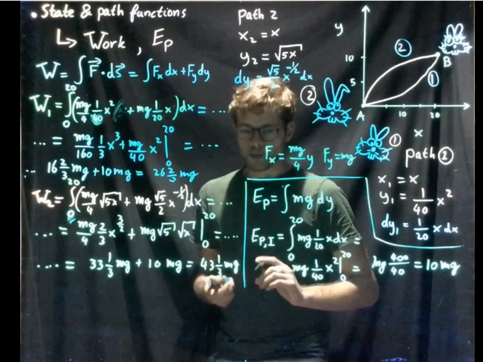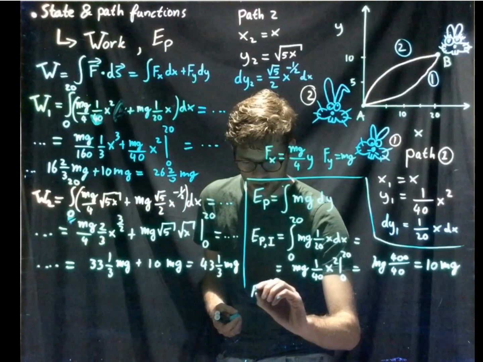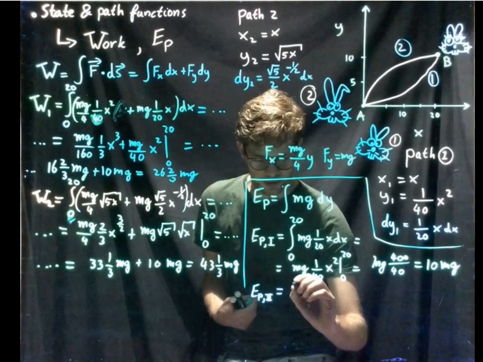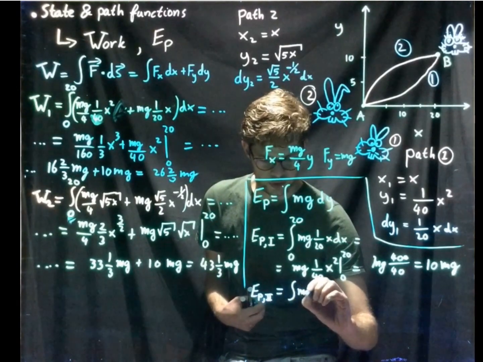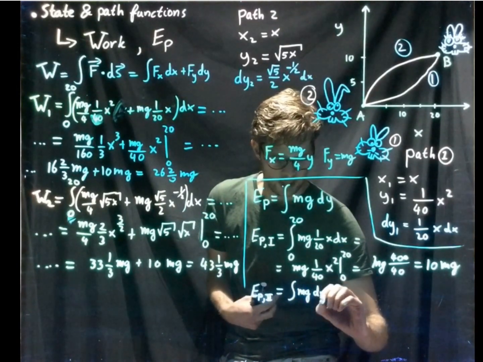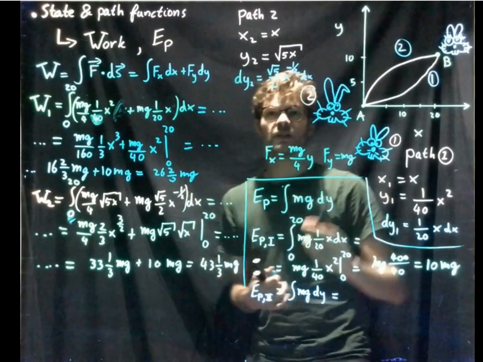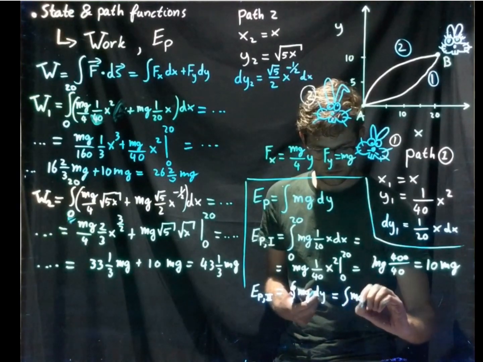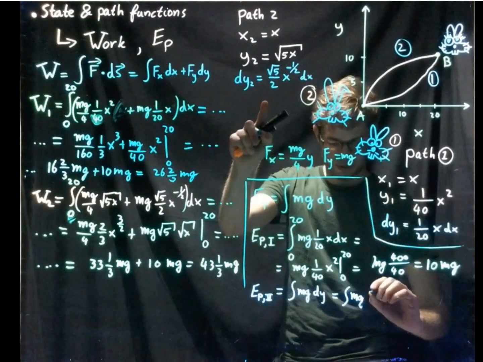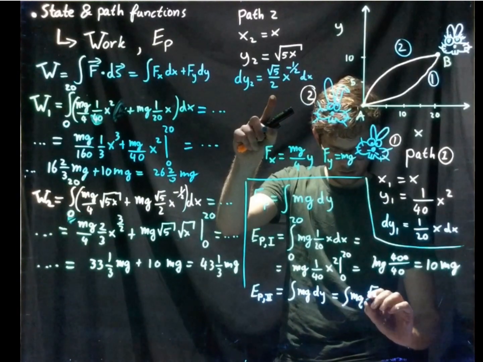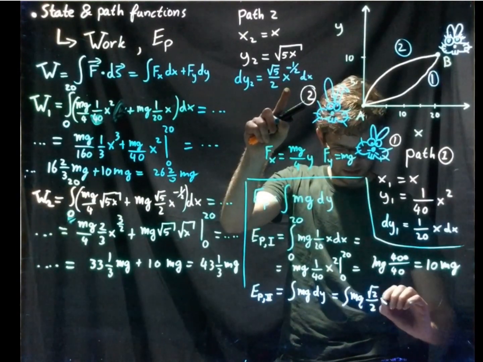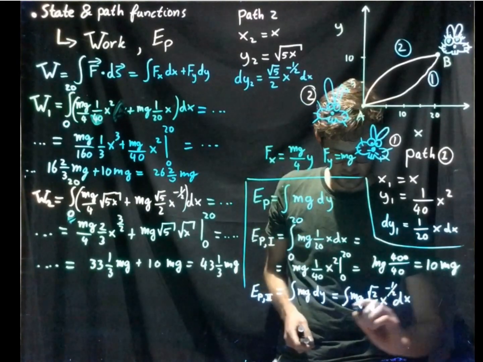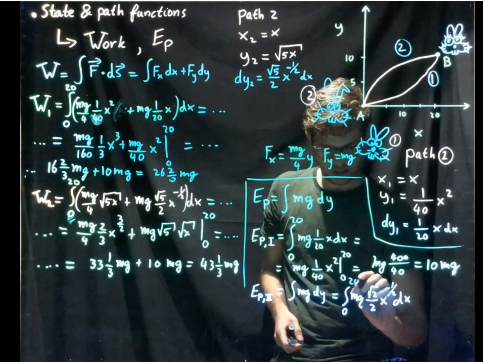So let's look at rabbit 2. So the potential energy of rabbit 2 is again the integral over mg dy, which is equal to the integral of mg times square root of 5 over 2 x to the power minus 1/2 dx. And so we can integrate between 0 and 20 again.